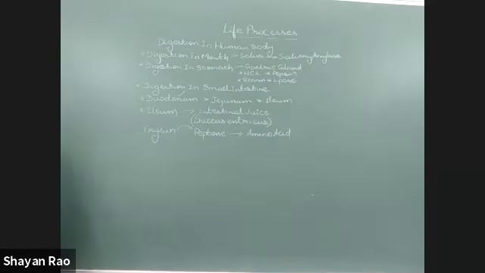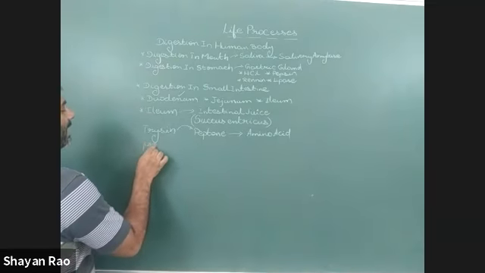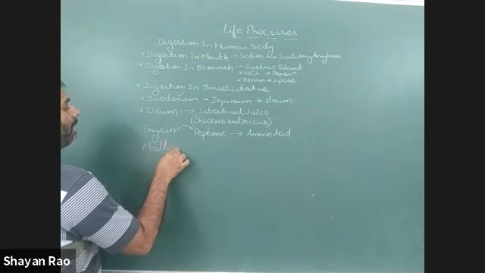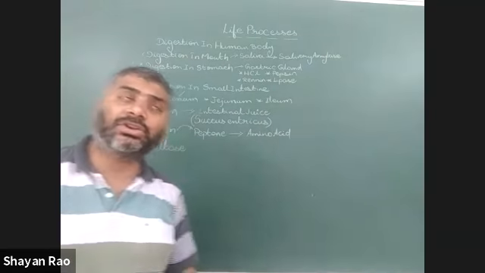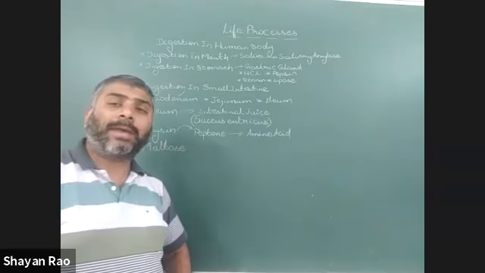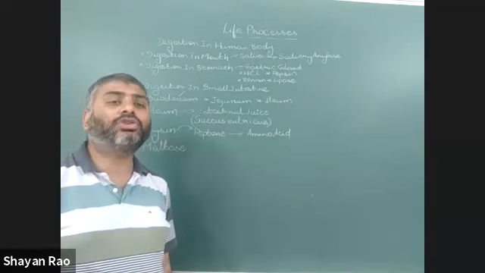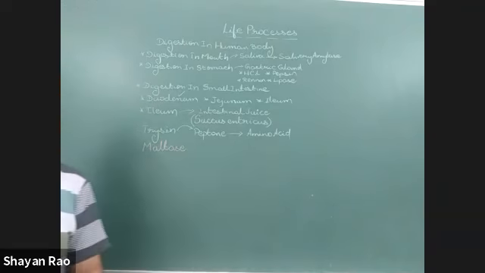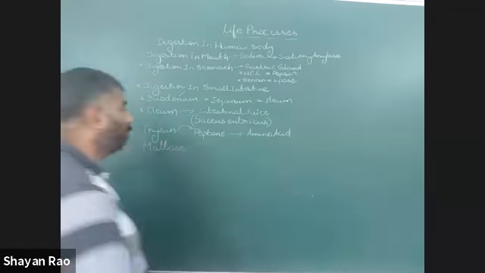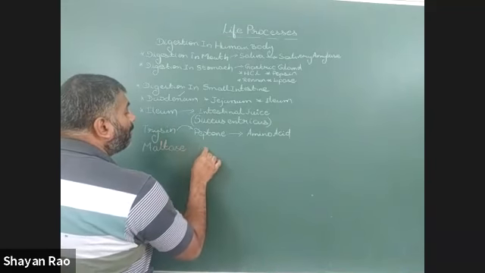Then the next enzyme is maltase. Let's try to understand the function of maltase. We have understood that pancreatic amylase converts the food, mainly starch, into maltose. Maltose has to be converted into a simpler molecule, which is glucose. So maltase acts on maltose.